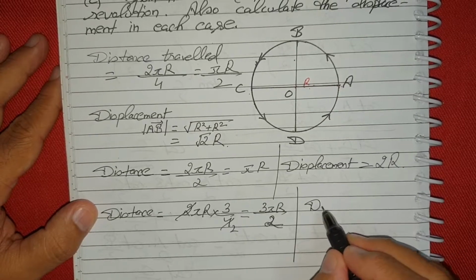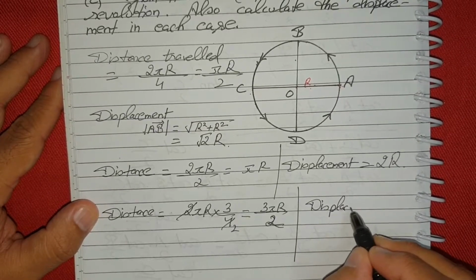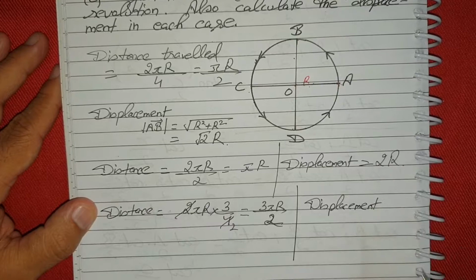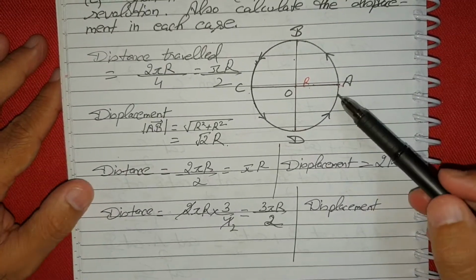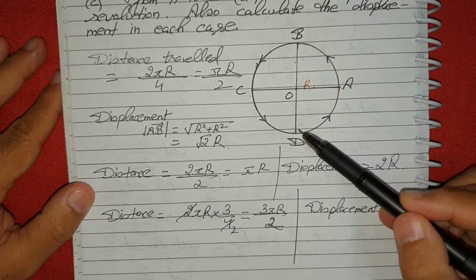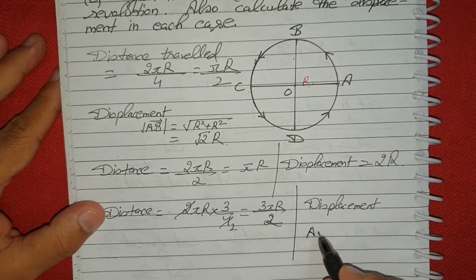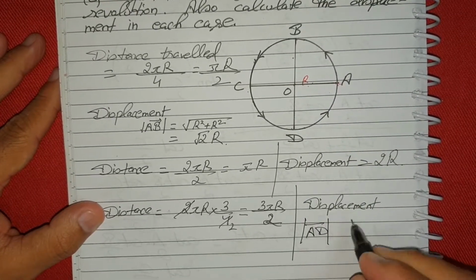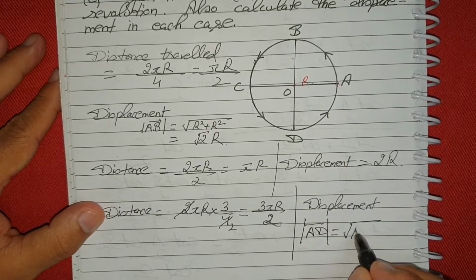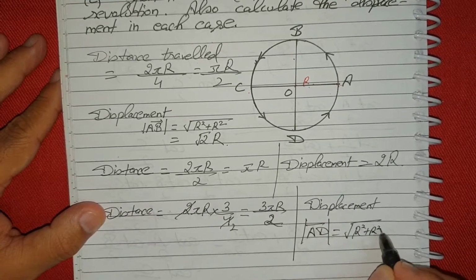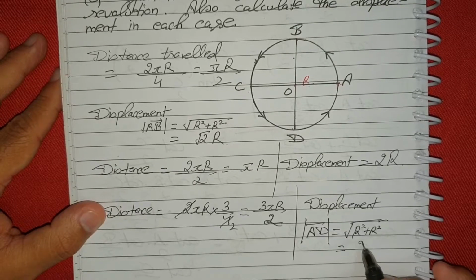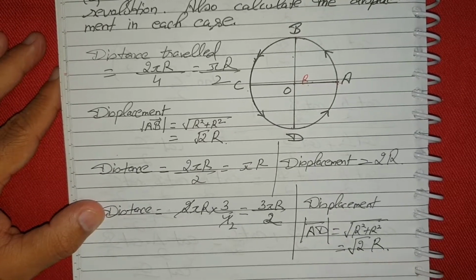Again displacement. Now, see, displacement will be from initial to final position, AD. So this is the AD vector, taking the modulus, which is equal to under root of r square plus r square, which is equal to root 2 r.